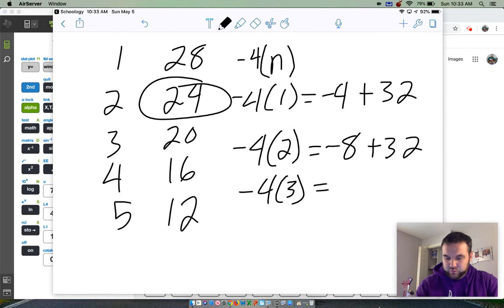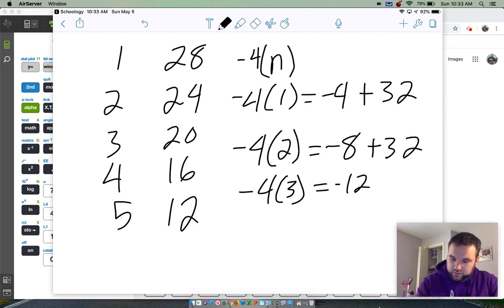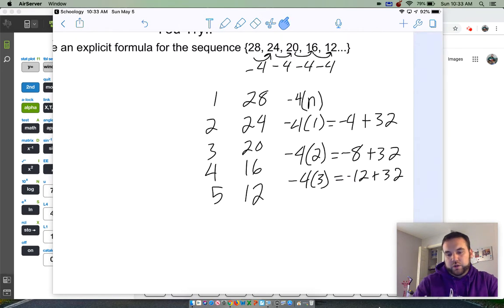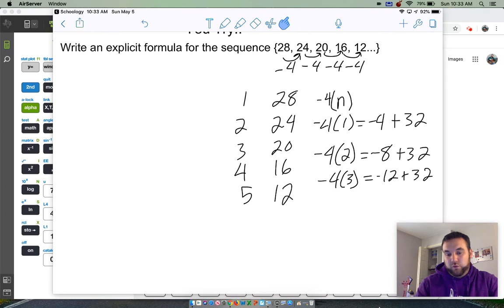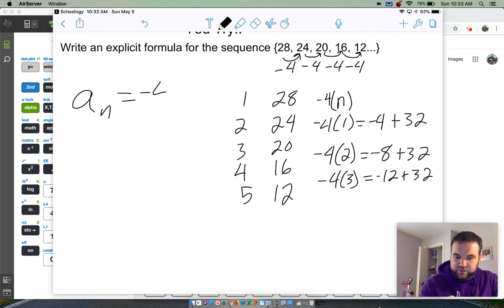Negative 4 times 3 is negative 12. Well, the third term is 20. And if I take negative 12 plus 32, that gives me 20. So one explicit formula for this could be to find any term, you would take negative 4 times the term number and then add 32 to that.